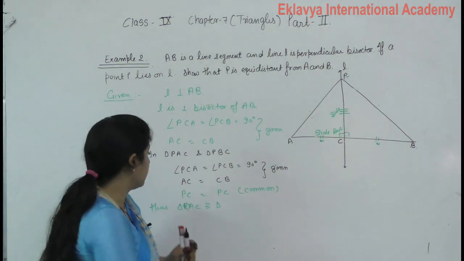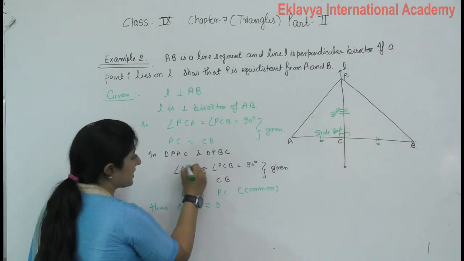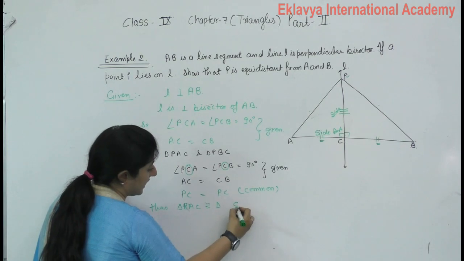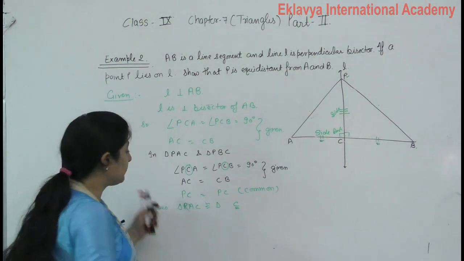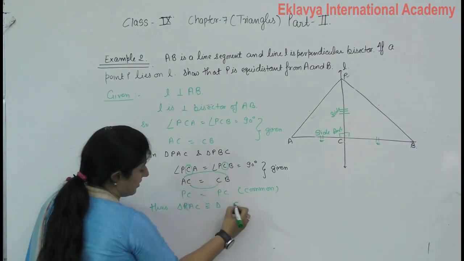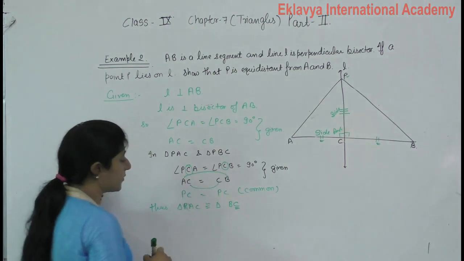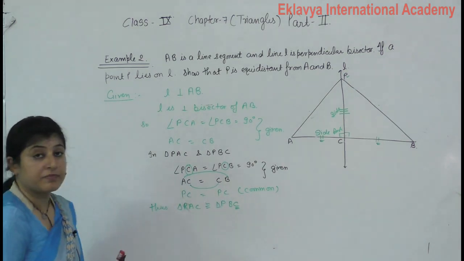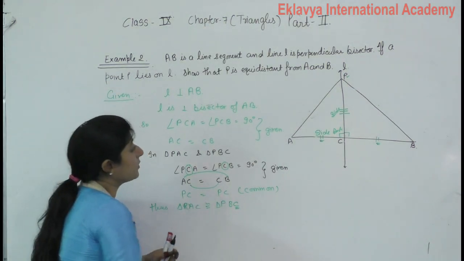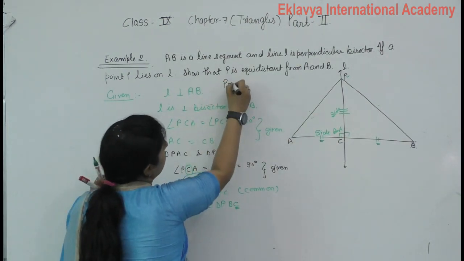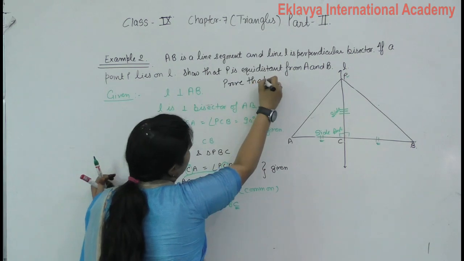Now check it. Angle C corresponds to C, A is corresponding to B, and P is corresponding to P. So triangle PAC is congruent to triangle PBC. What do we have to prove here?